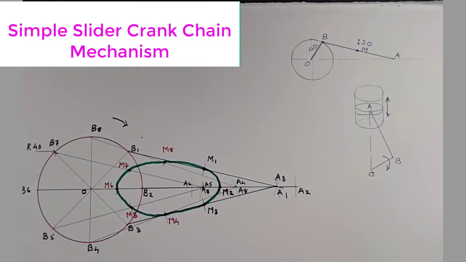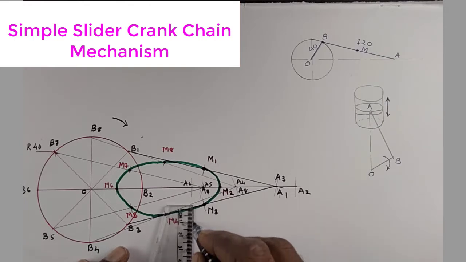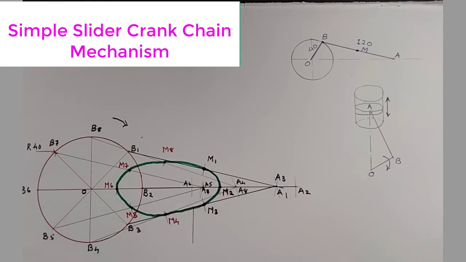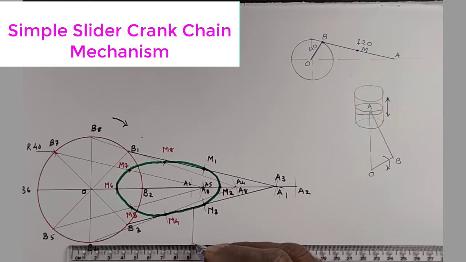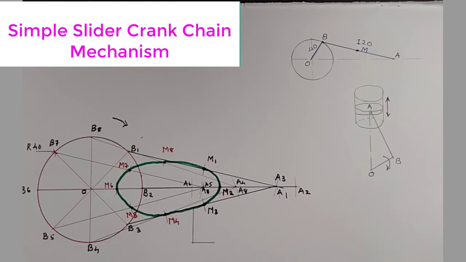You get an elliptical shape as the locus of the midpoint M on the connecting rod CRAB.